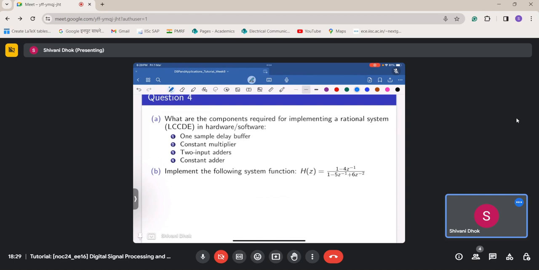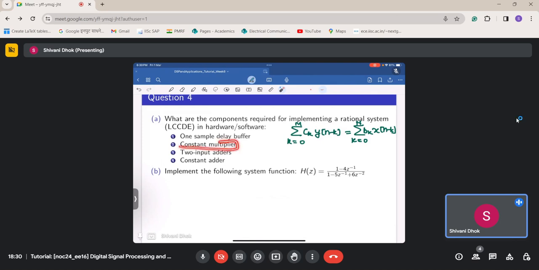If we remember, the difference equation is generally of the form summation k from 0 to m of ck into y of n minus k, equal to summation k equal to 0 to n of vk into x of n minus k. Here the multiplication of ck with this quantity is carried out by a constant multiplier, since it is a constant.